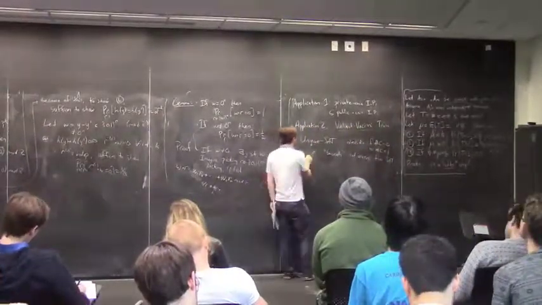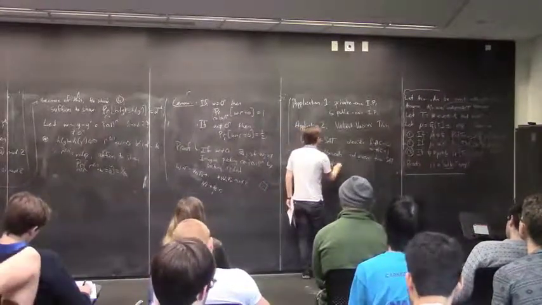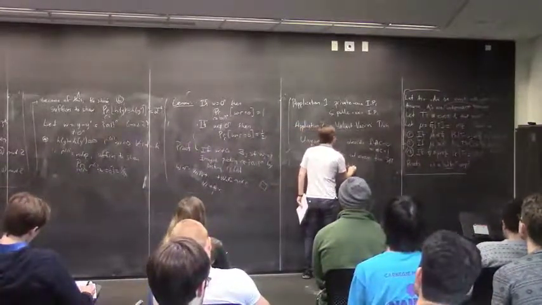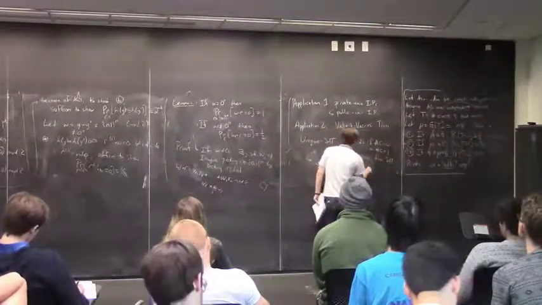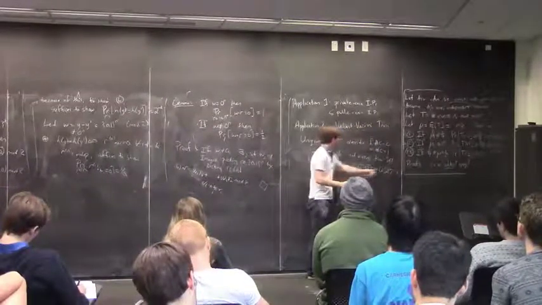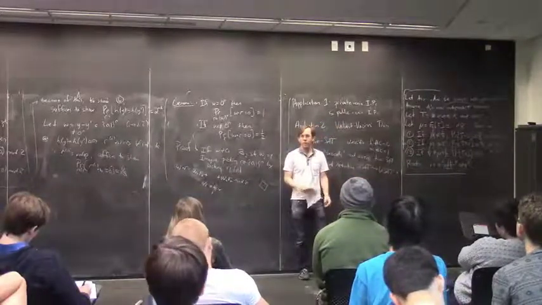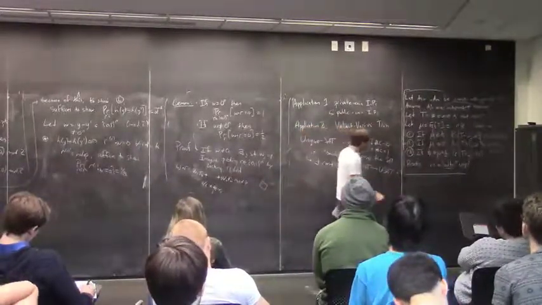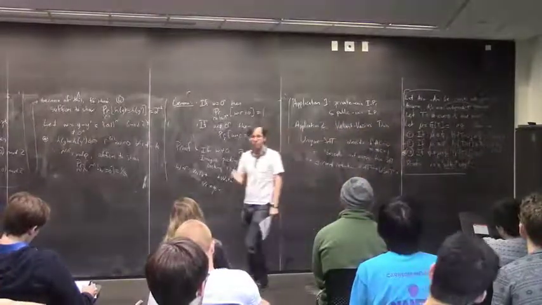And what does this really mean? There's a randomized reduction from SAT to unique SAT. If you can solve unique SAT efficiently, then you can solve SAT efficiently as long as you allow yourself some randomness. And you might not be surprised to learn that this uses exactly this fact that I saved for us.